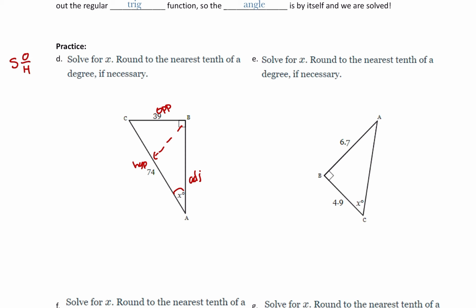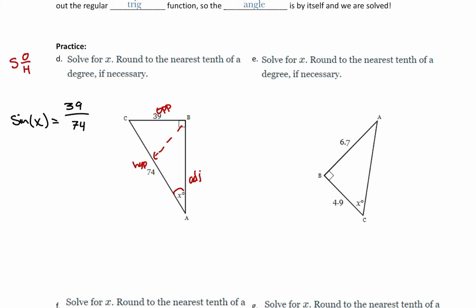Now, step 4, I need to set up my equation. So I've got the sine of my angle, which in this case, my angle is x. So the sine of x is equal to my trig fraction, my opposite over my hypotenuse. So that's equal to 39/74. Now I need to get x all by itself, so I need to do the inverse of sine to both sides.